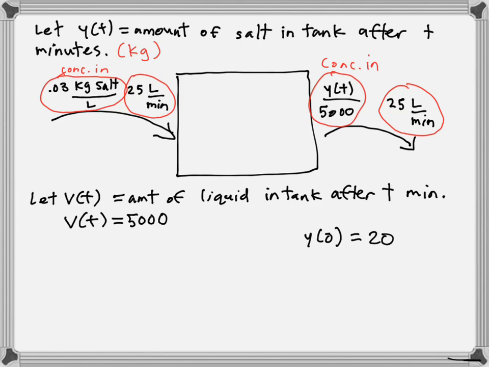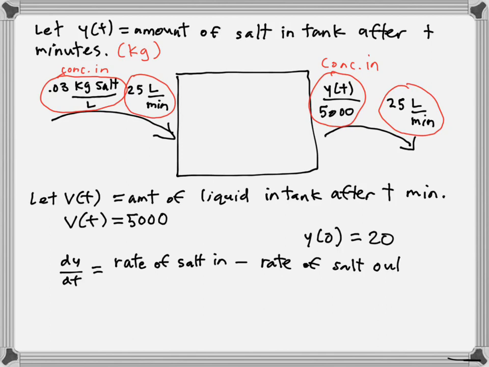So how do we write the differential equation? Well, it looks like this. dy/dt, remember, this is the rate of change of the salt per minute, is equal to the rate of the salt coming in minus the rate of salt coming out. What's the rate of the salt coming in?